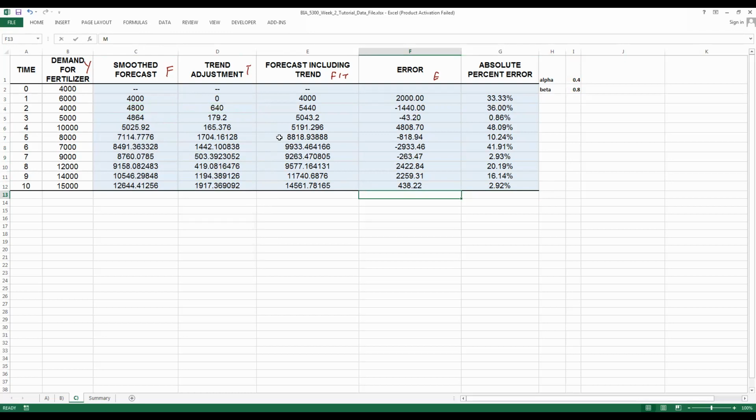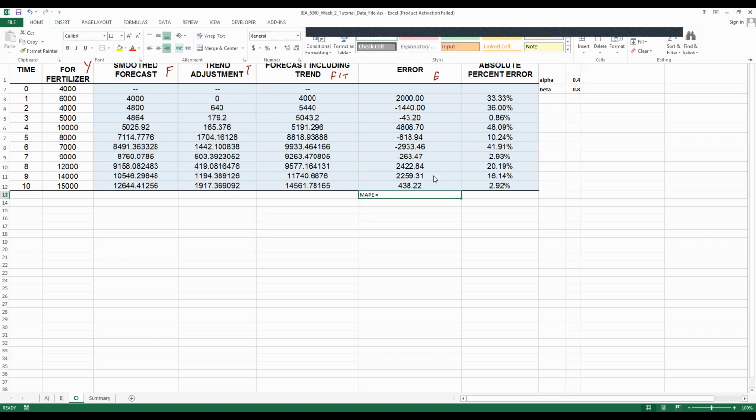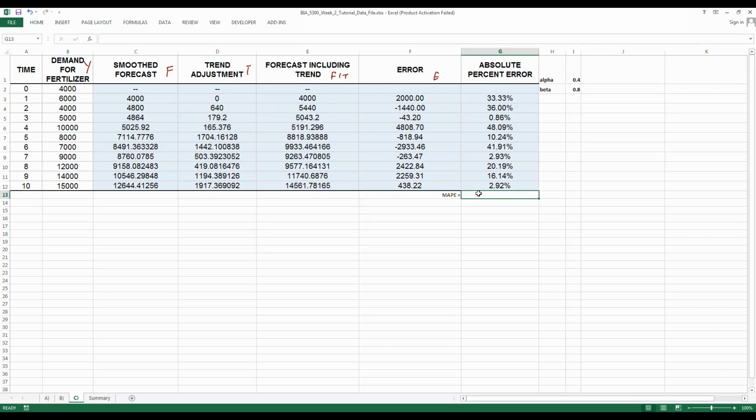Right, so then I can find out what my MAPE is. And that's going to be the average of these. $21.26.